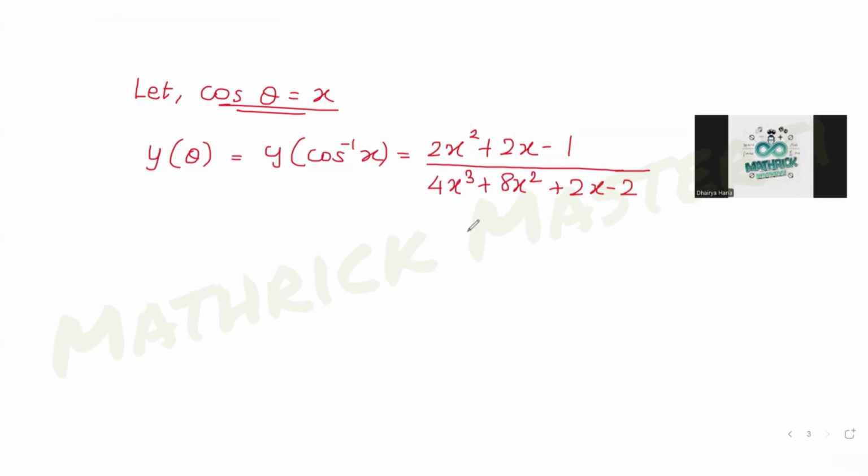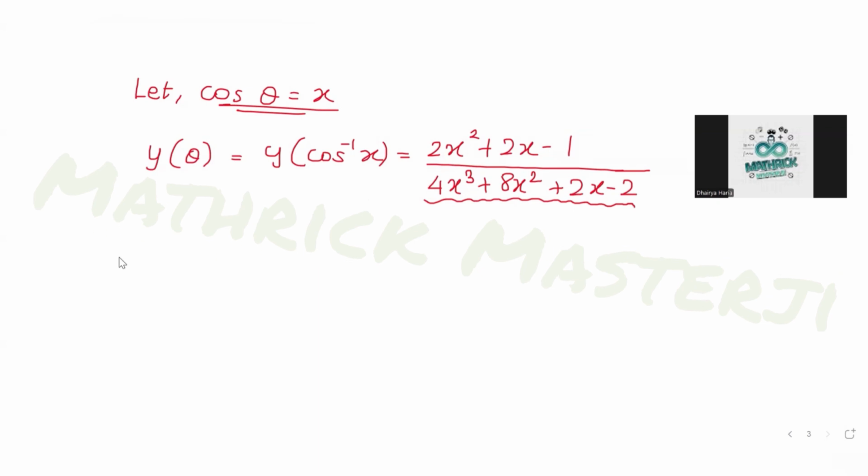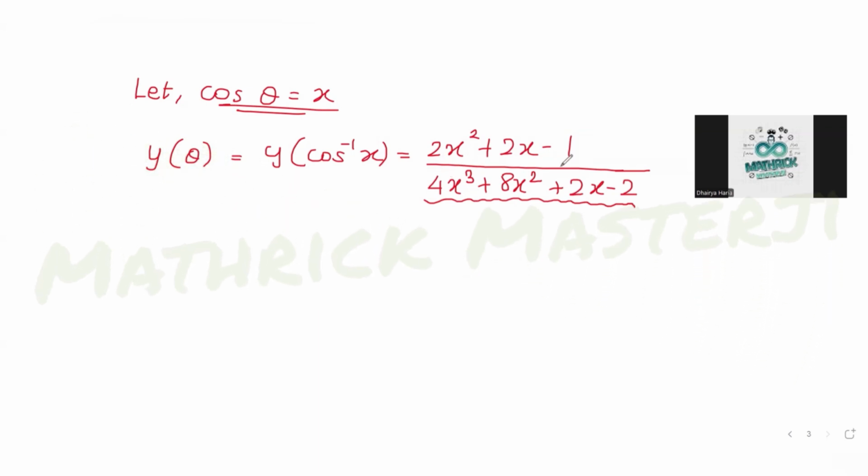Now further, let's see if I can dissolve this entire expression into two parts, such that I can divide the cubic expression by 2x squared plus 2x minus 1. Let's try long division and understand if I can factor out this same term from the denominator, so that it directly cancels with the numerator and I can simplify.